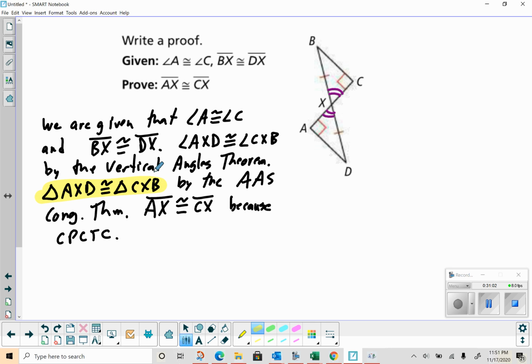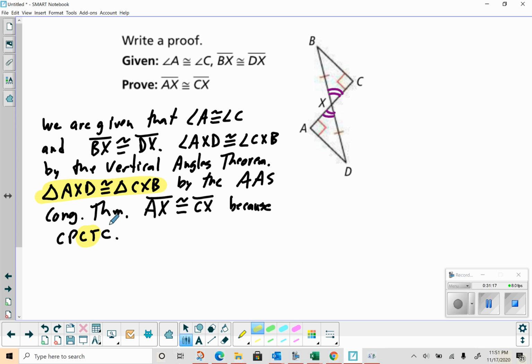Here I've said that the two triangles are congruent. So then I can name any pair of corresponding parts of those congruent triangles and say they also have to be congruent.